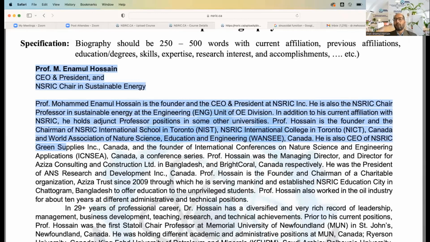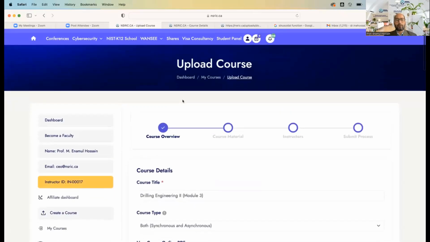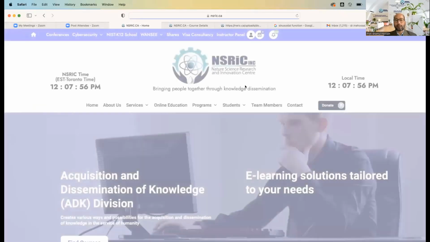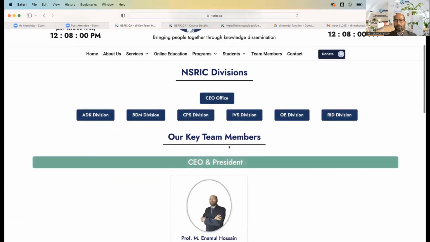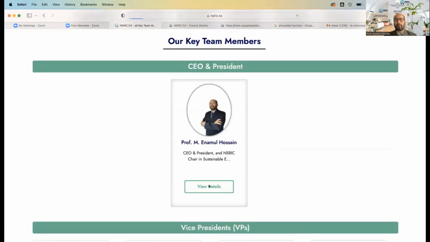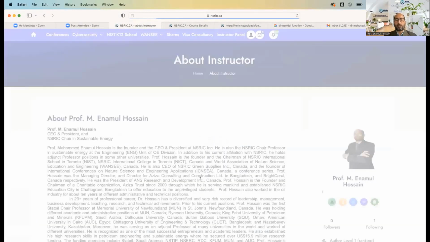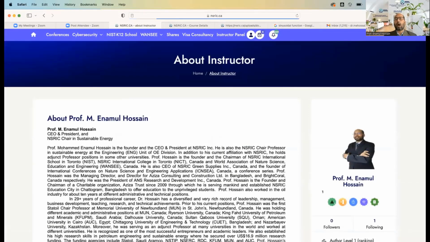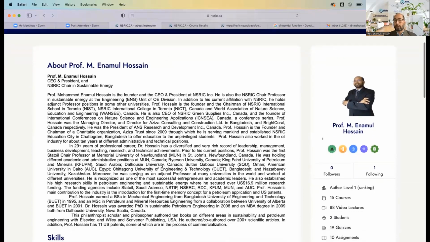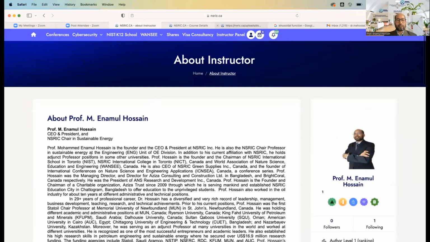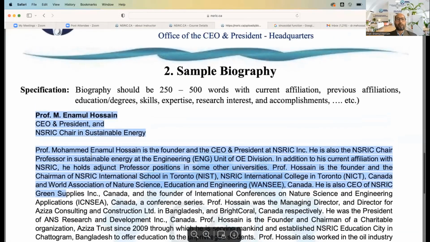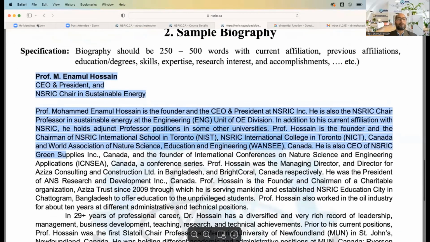For example, if you go to the team member page, that is what we are looking for. If you click here, it will take you to the biography you uploaded in your system. You see? This is how it should look. So you follow this instruction and format, and it will automatically pop up in our system.